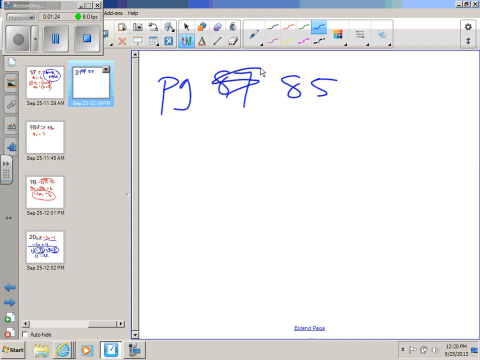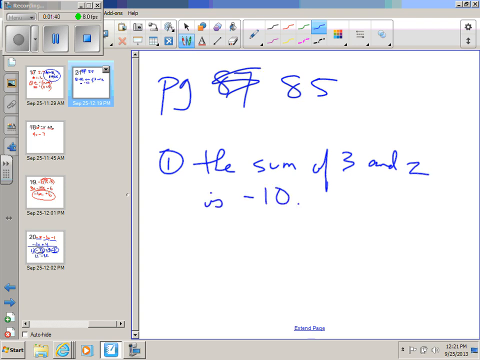So take a look at the bottom of 85. Number 1 says the sum of 3 and z is negative 10. So how can we put that into an equation form?